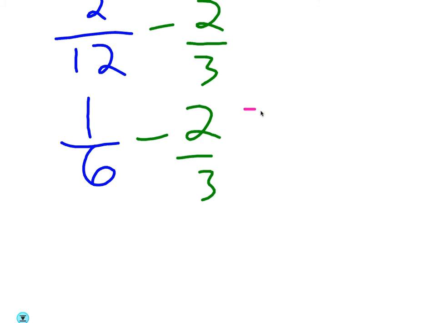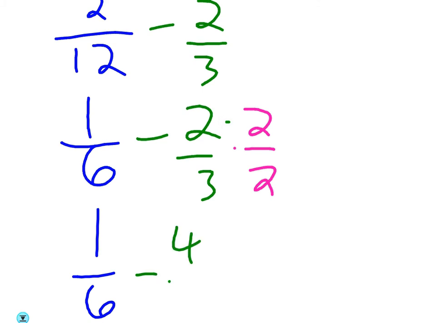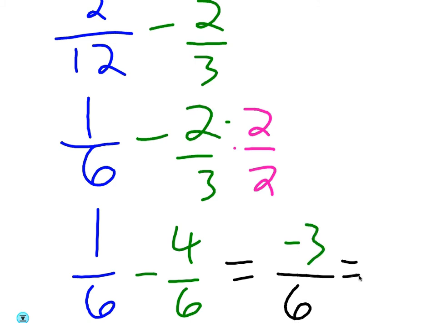It'd be 6. So we now multiply the second one by 2 over 2. We have 1/6 minus, multiply the top there, 4/6. Final answer. Remember, when you add or subtract fractions, you only do the top. The bottom stays the same. 1/2. No. Okay, good. So 1 minus 4 is -3, and then that reduces to -1/2.